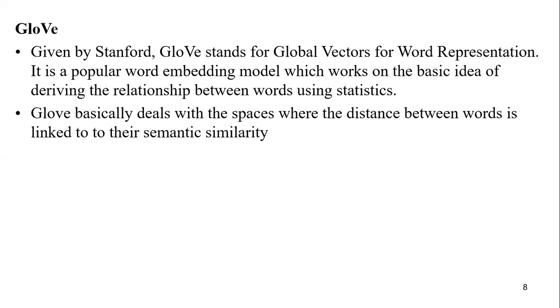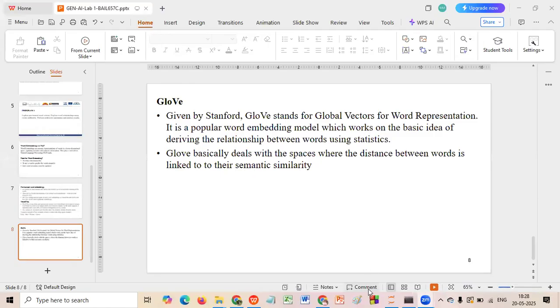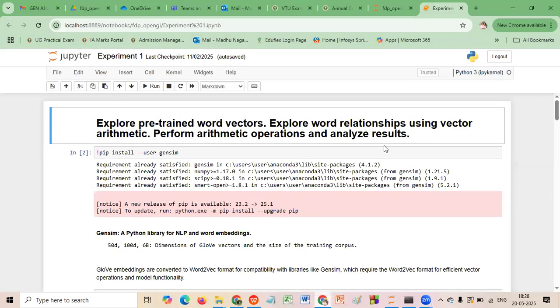With this basic introduction, now let's see the program and how it works. First, we have to use the gensim library, which is mainly used to work with the GloVe as well as the word2vec model.